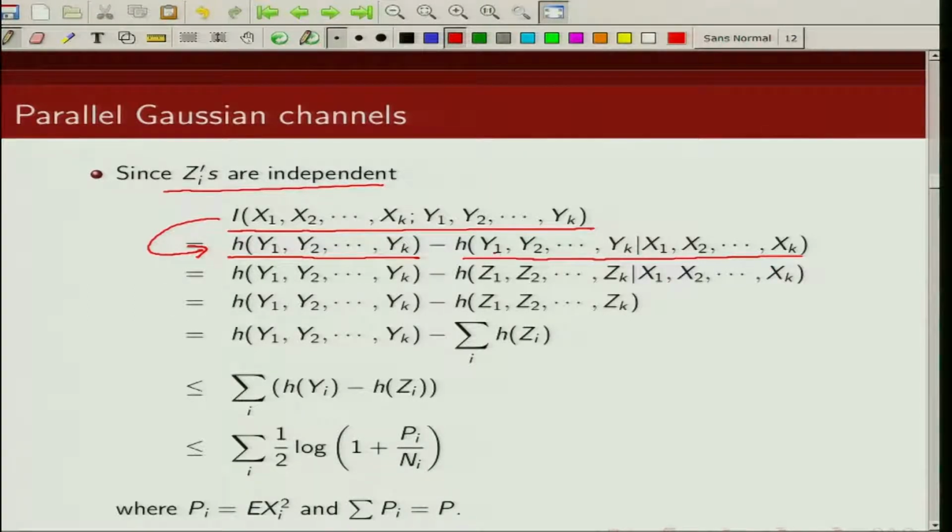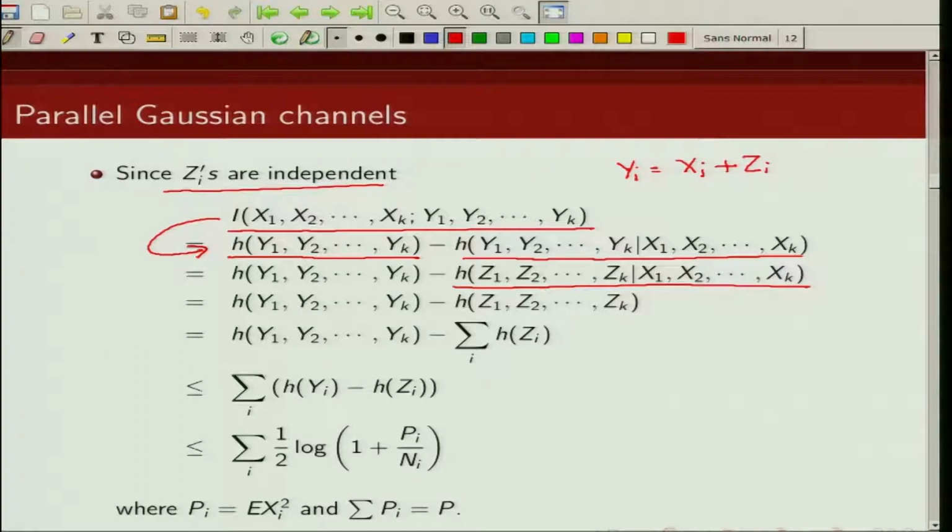Now what are these yi's? The yi's are xi plus zi, and the xi's are independent of zi. Given x1, x2, x3, xk, the uncertainty in y1, y2, y3, yk can be written as the differential entropy of z1, z2, z3, zk given x1, x2, x3, xk.